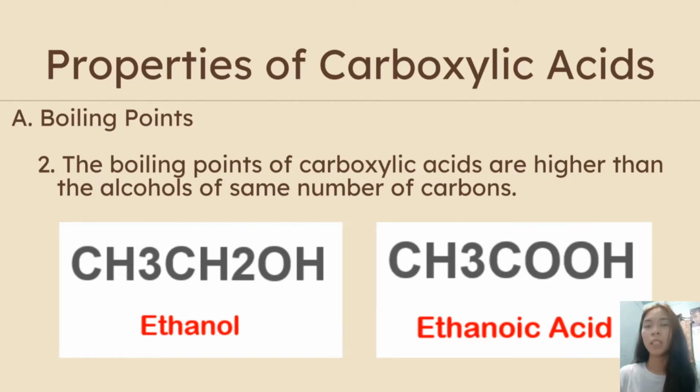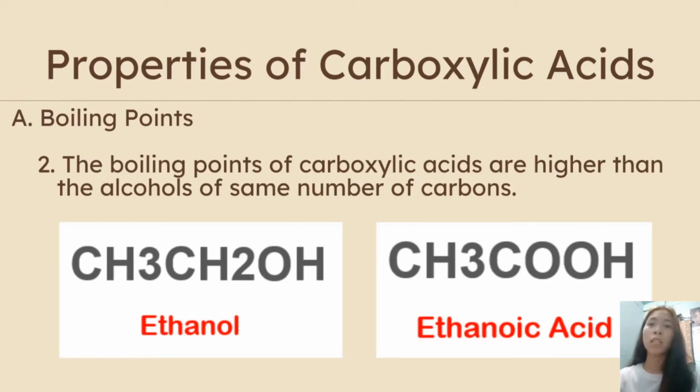Second is that the boiling points of carboxylic acids are higher than the alcohols of the same number of carbons. We have here ethanol and ethanoic acid as an example. We can say that the ethanoic acid has a higher boiling point compared to the ethanol. Why?